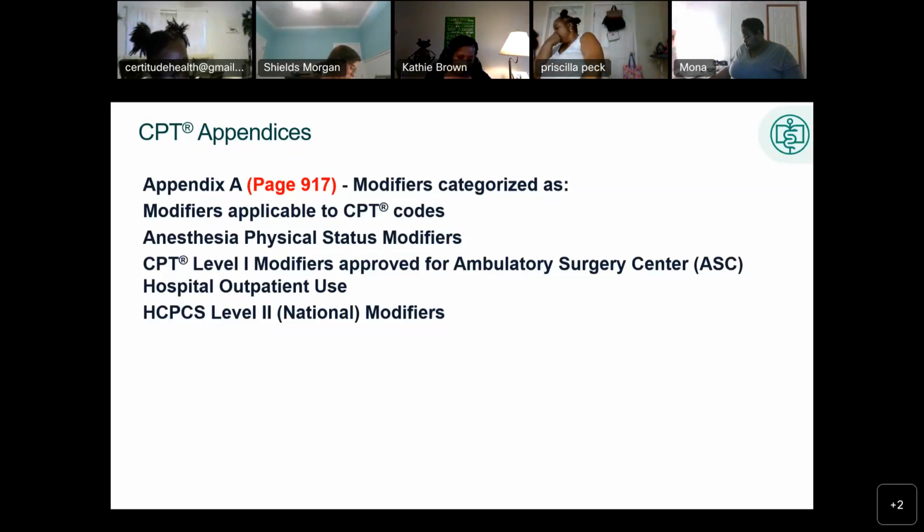So say, for example, here's a good example. If someone has surgery, right? Let's say a knee replacement surgery, but they also have congestive heart failure. Chances are there's going to be an orthopedic surgeon performing the knee surgery.